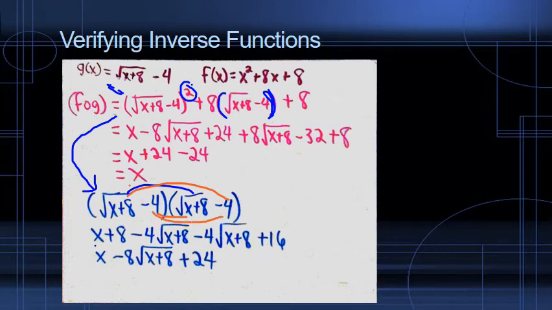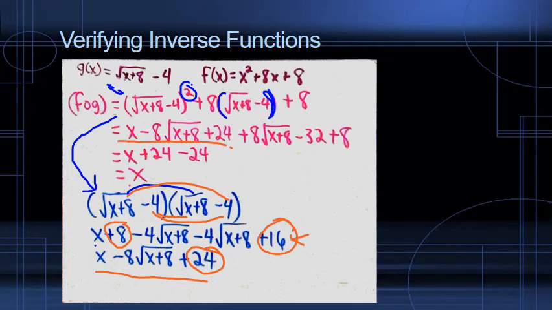And then I finish it off with minus 4 times minus 4, which gives me plus 16. I combine my like terms, and I have x, and I combined this 8 with this 16, which gave me 24. So when I combine all my like terms here, squaring this, I've got x minus 8 square root of x plus 8 plus 24, which I put back in my problem right here.